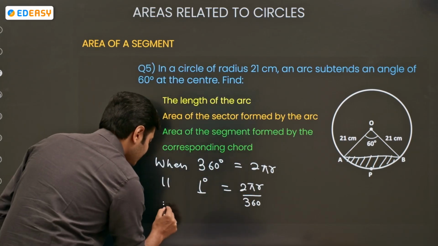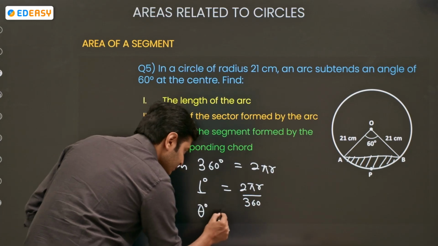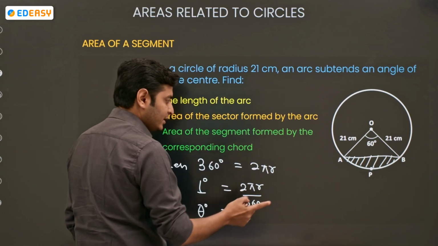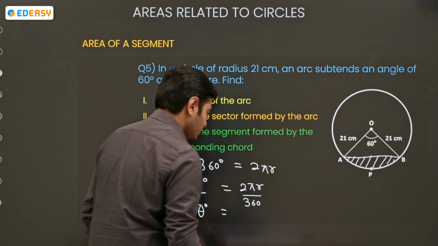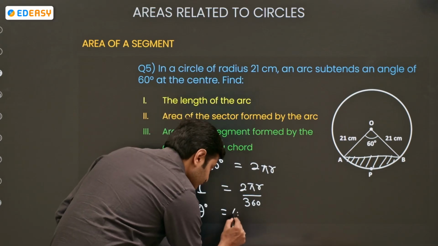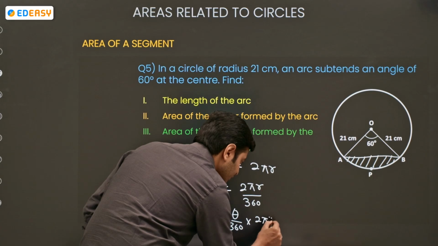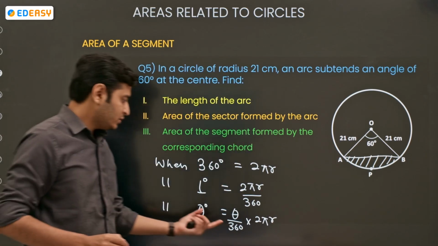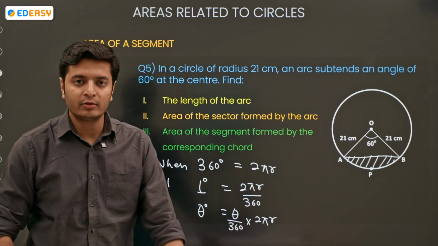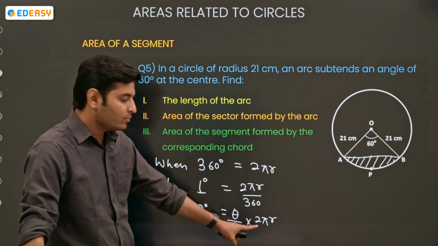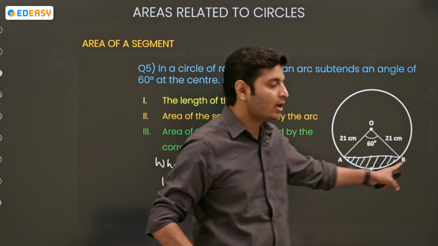When the angle is theta degrees, the length of the boundary becomes theta by 360 into 2 pi r. So the same kind of approach we are going to apply here. So this is the formula to find the length of any arc.